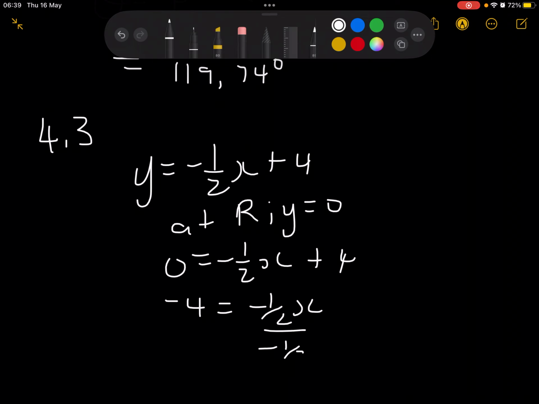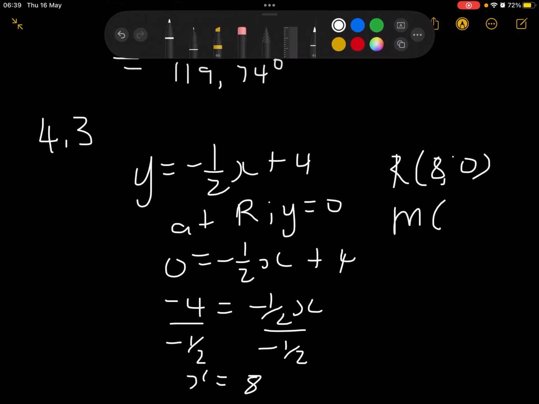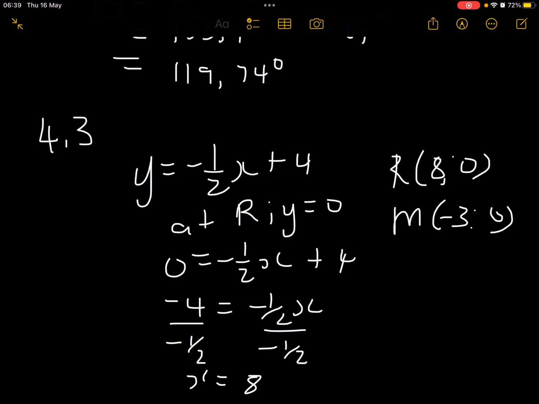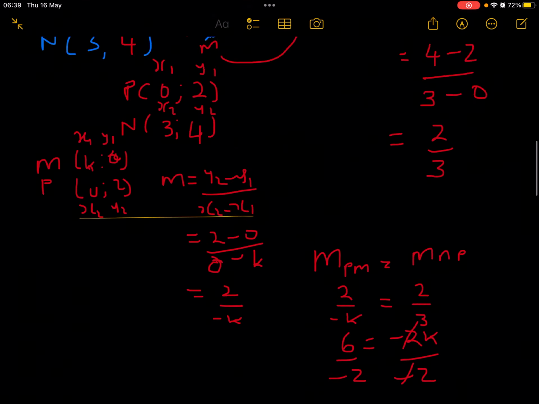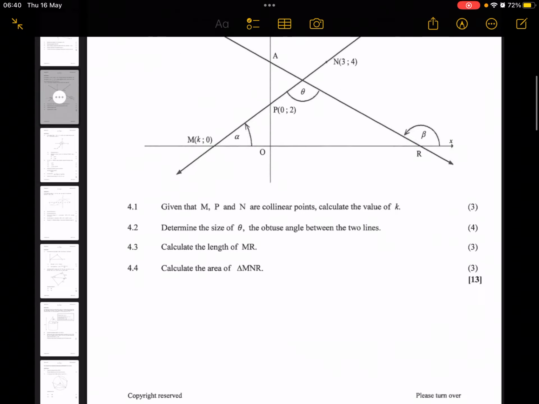Divide by negative half on both sides. You get that x is equal to a positive 8. Now it means that R is equal to (8, 0), while M is equal to (negative 3, 0). And they said in 4.3 we need to calculate the length of MR.